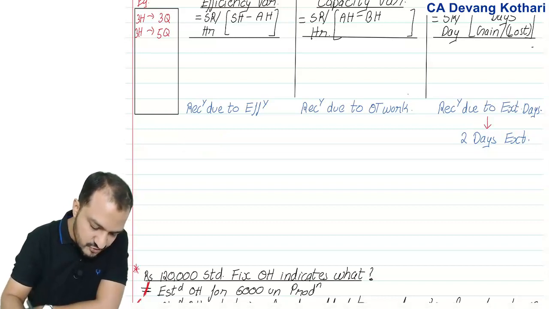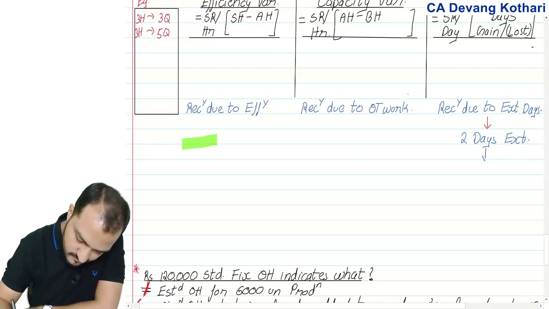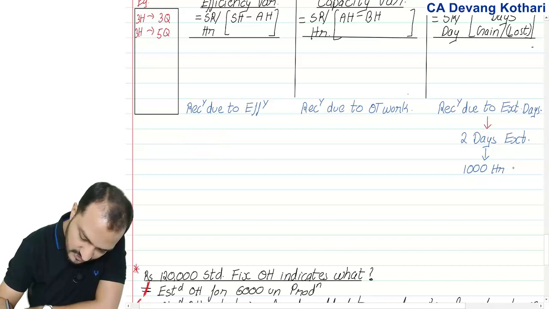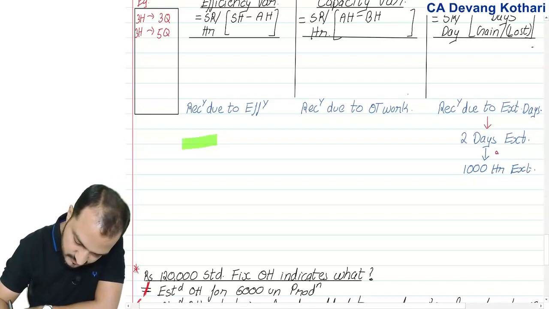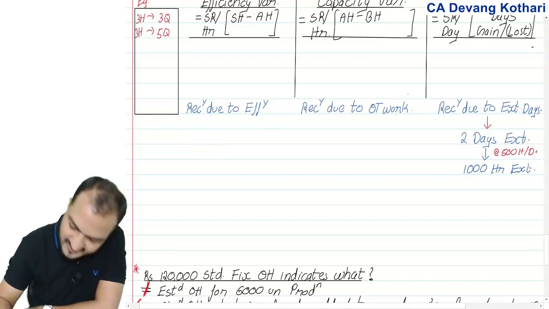So 2 days of extra work should have given me 1,000 hours extra. Why? Because 500 hours per day is my daily working.